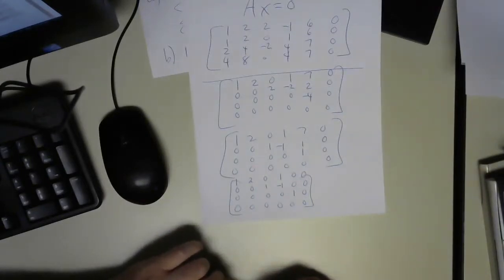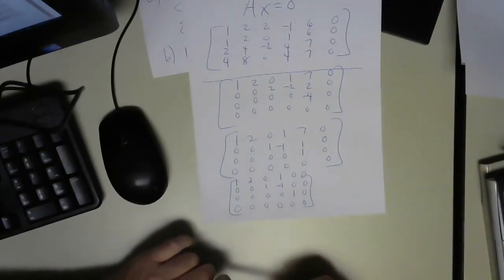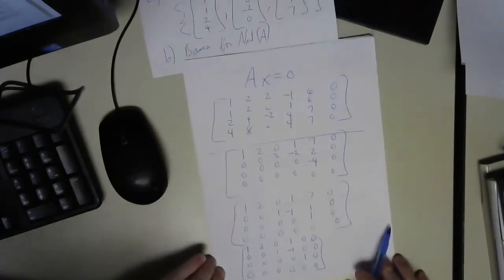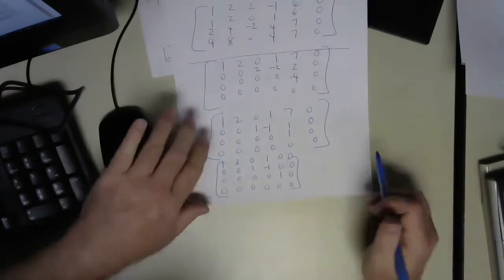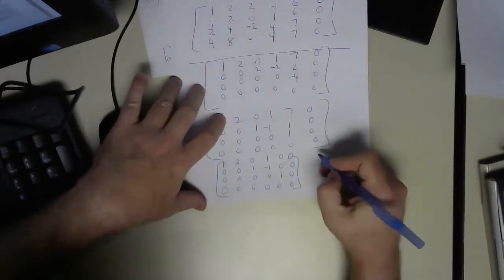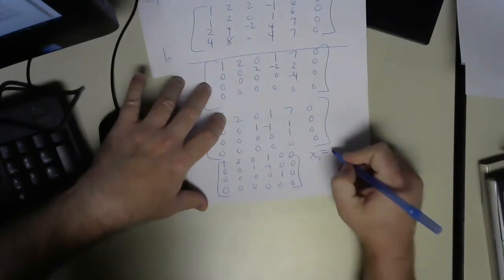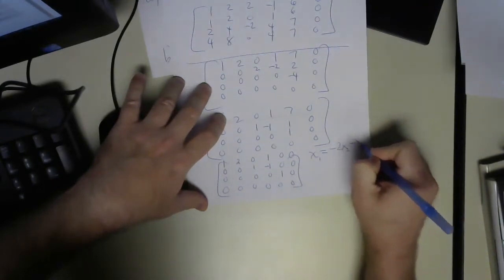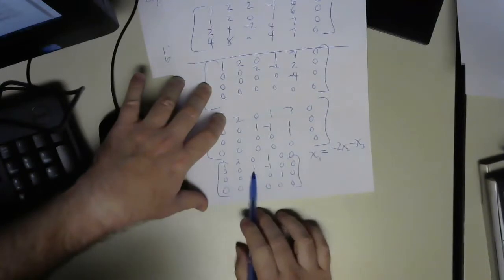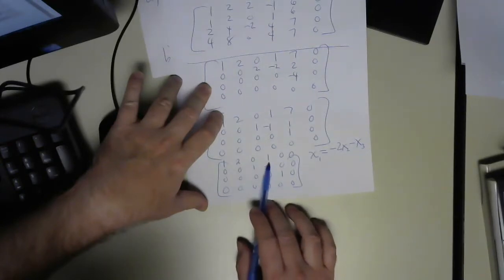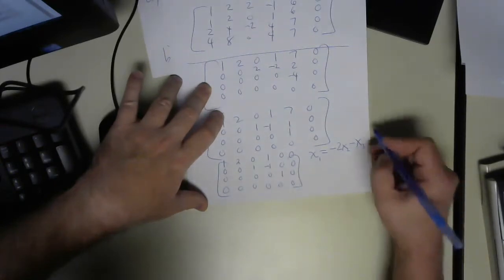All right. So now we should be able to characterize the solutions. I'm talking about the null space of A. So it looks like one equation is x1 equals -2x2 minus x3. Another equation is, actually that's an x4, isn't it?